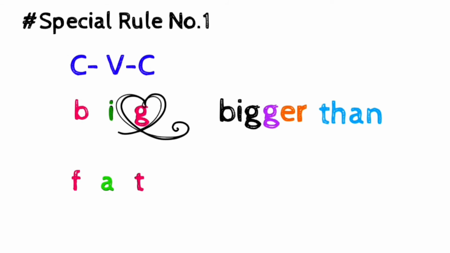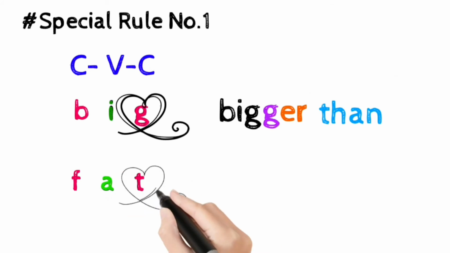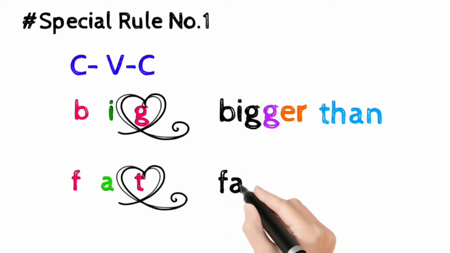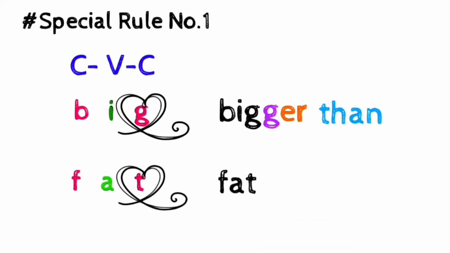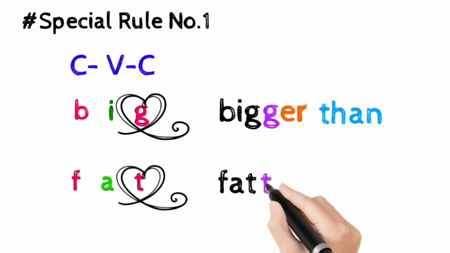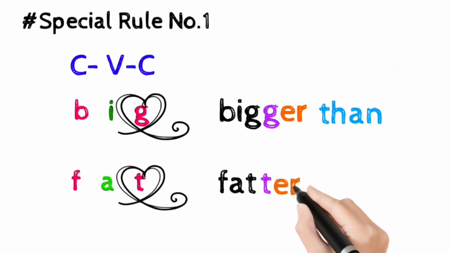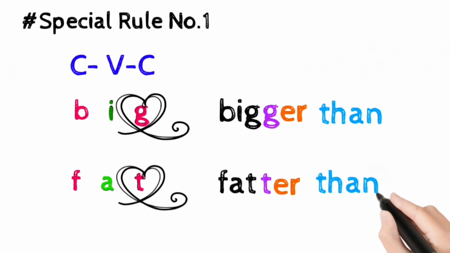So again, based on special rule number 1, we have to double the last consonant, T. So it becomes fat, and you have to put another letter T next to it. Then only you add er, and don't forget the word than. So it becomes fatter than.